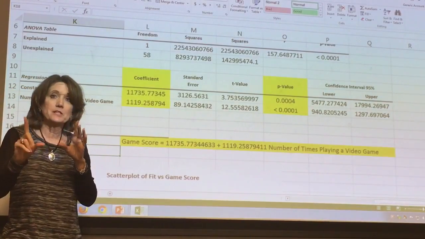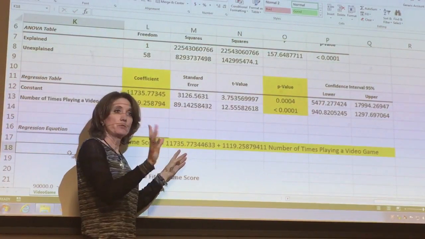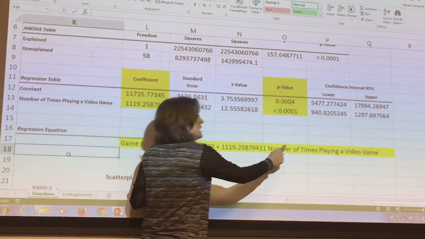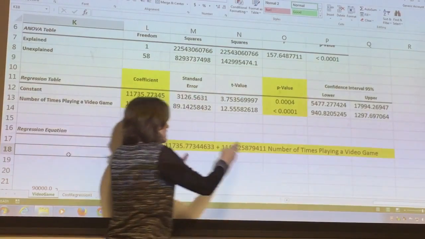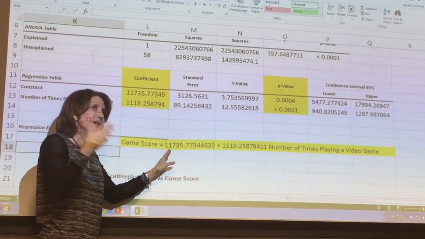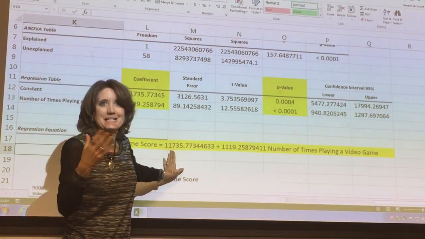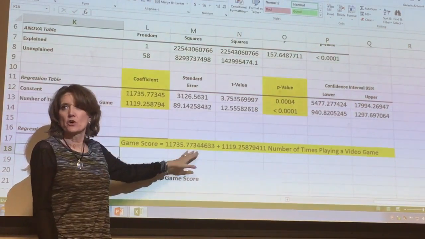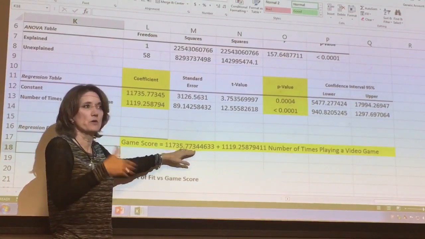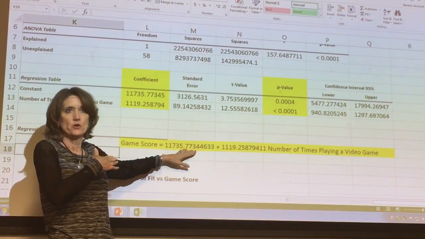You really have to loosely define this, and here's why. Technically it's saying that if the number of times you play is 0, this term would be gone and this would be your score. Well, you wouldn't have a score if you played 0 times. So we have to loosely interpret this as kind of a starting score. That's pretty much where you start when you really have never played the game before. You probably start about here.